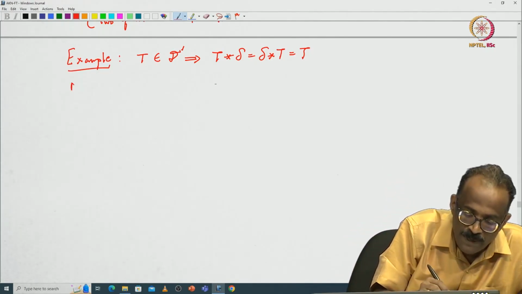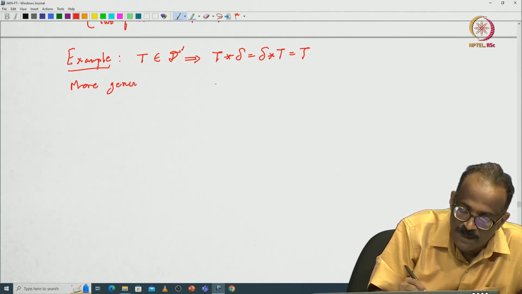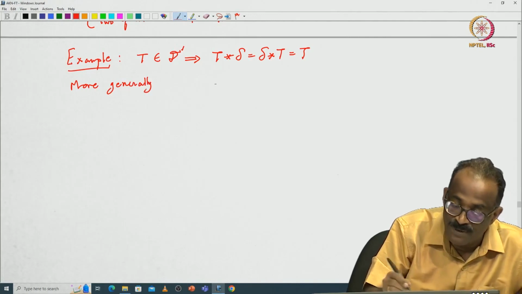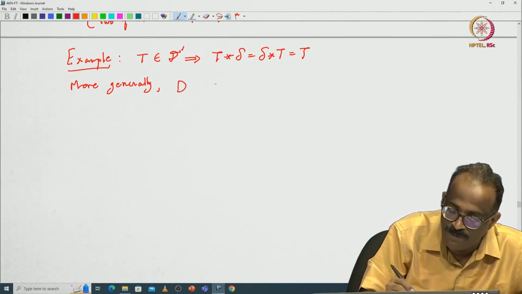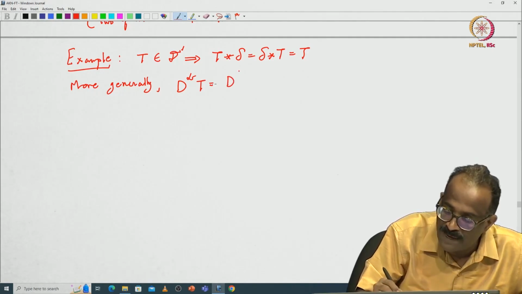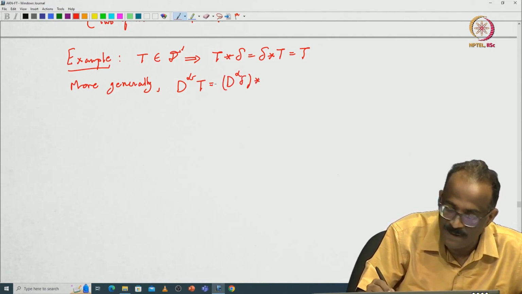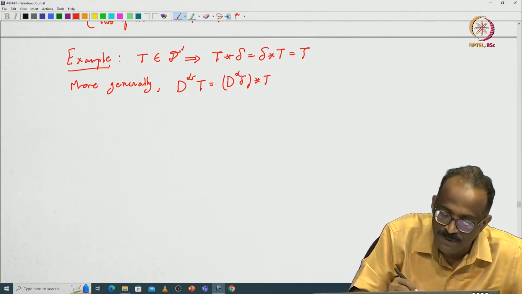More generally, you can now compute that one, right? D power alpha of T is equal to D power alpha of delta, you can put it where you like, star T, and okay, so can you get this one?